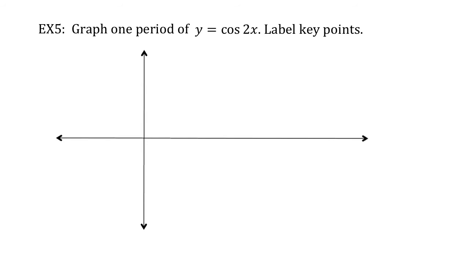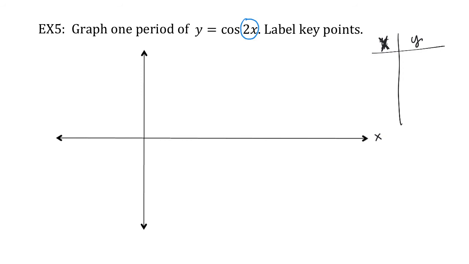All right, now let's look at what happens if there's a coefficient inside, being multiplied by the x. So it's actually affecting the input. Okay, what we could do is make an x, y chart for myself.